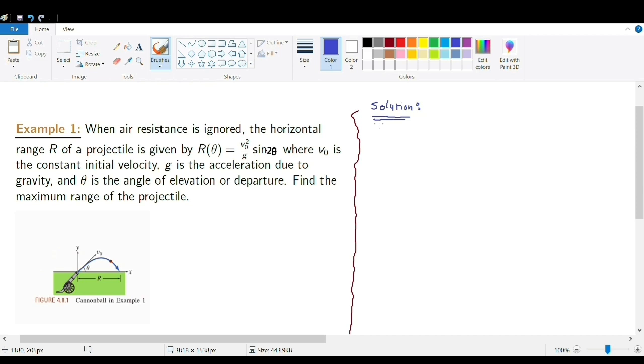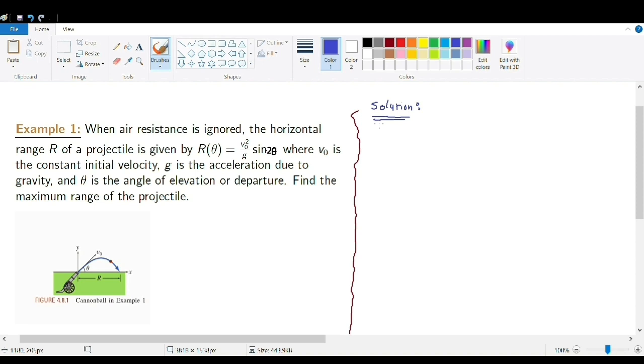So example number 1: when air resistance is ignored, the horizontal range R of a projectile is given by R of theta is equal to v0 squared over g times sine 2 theta, where v0 is the constant initial velocity, g is the acceleration due to gravity, and theta is the angle of elevation or departure.